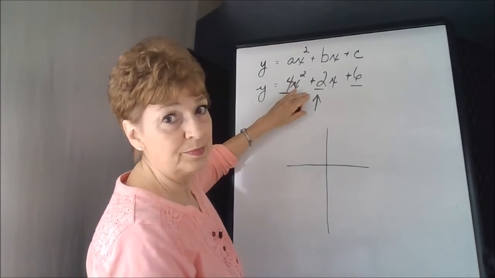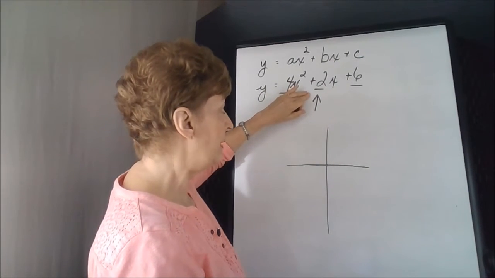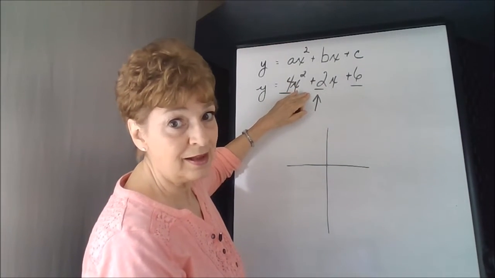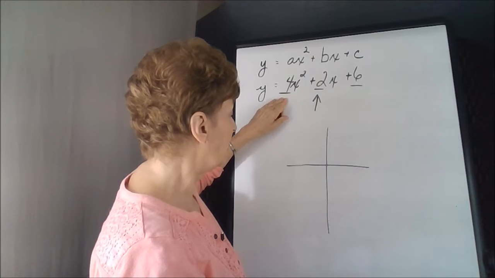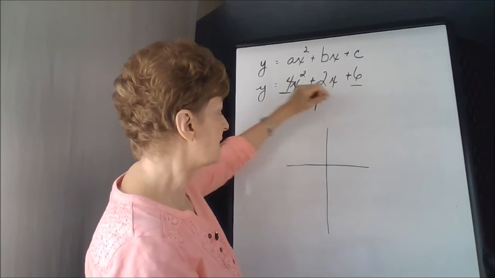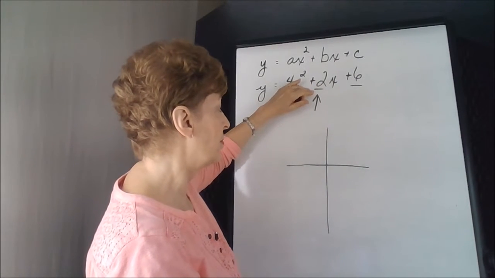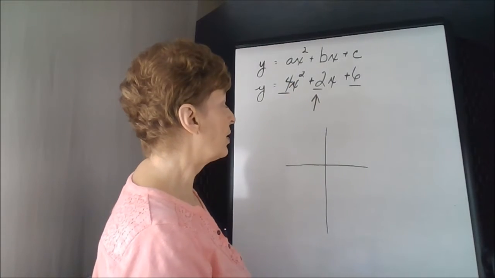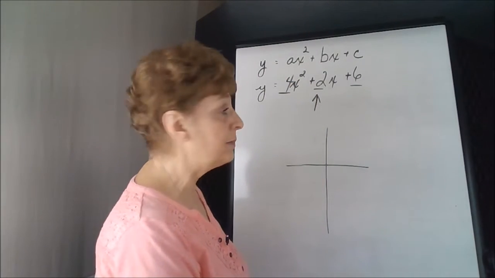The second term, the b term. If b is changed and nothing else is, so we're going to leave this as 4 and that's 6, but we're going to change the numeral on the b, we're going to get a side-to-side movement.